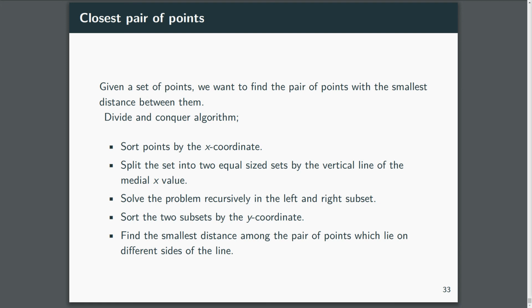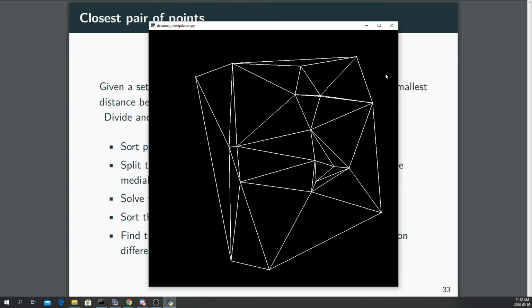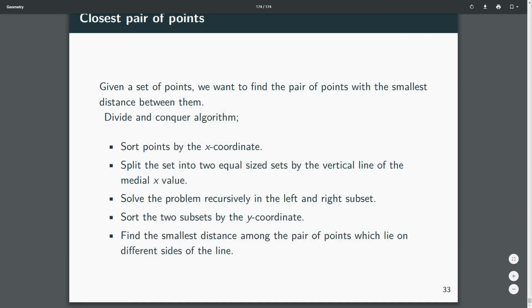So let's just have 20 points in total. And then we do a scan triangulation and fix it. It's still a bit clustered.